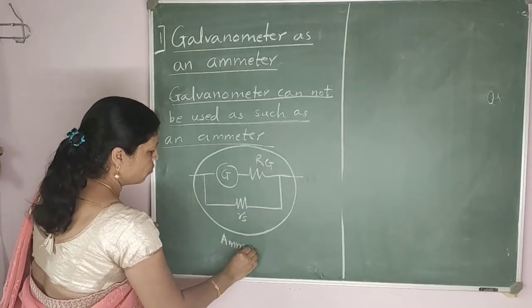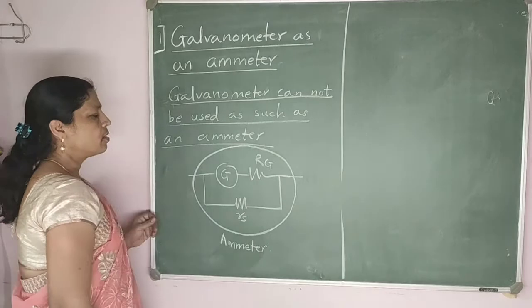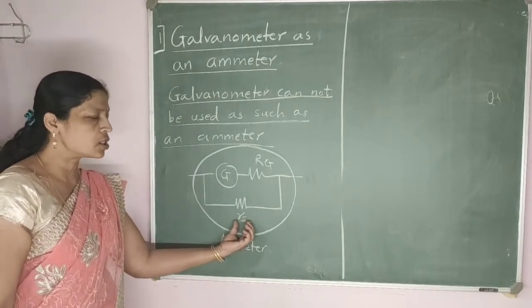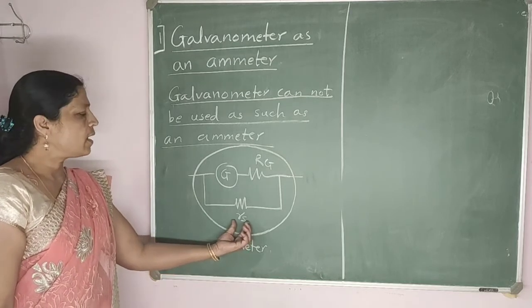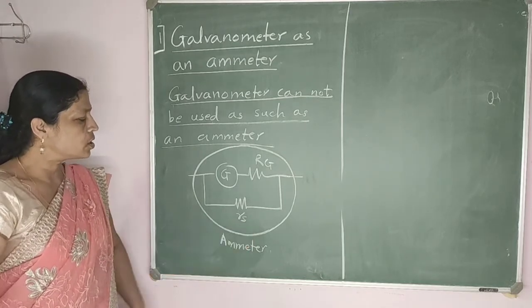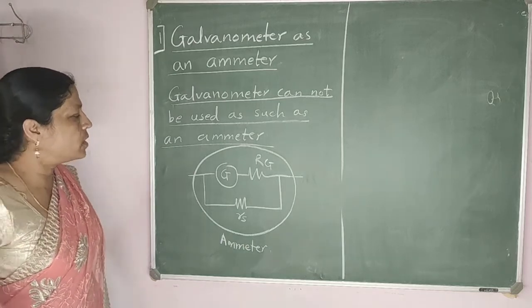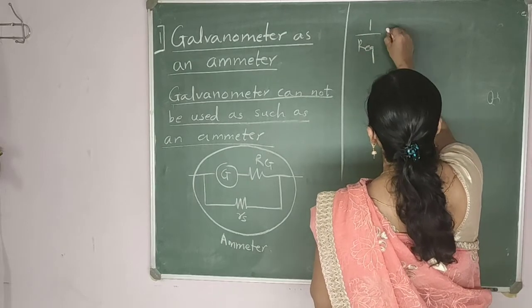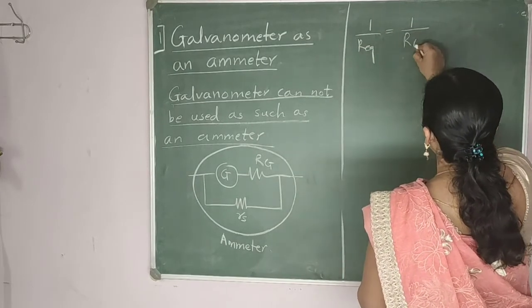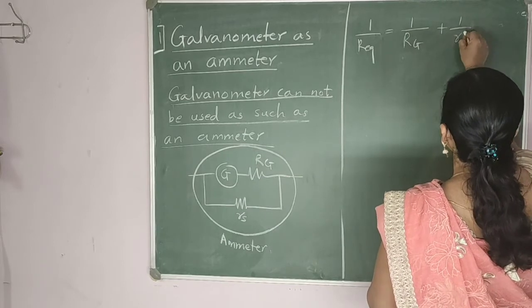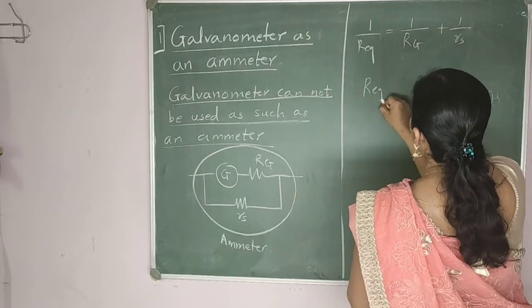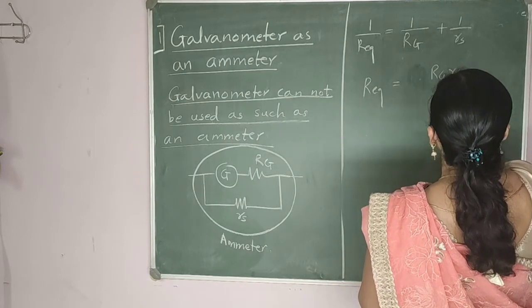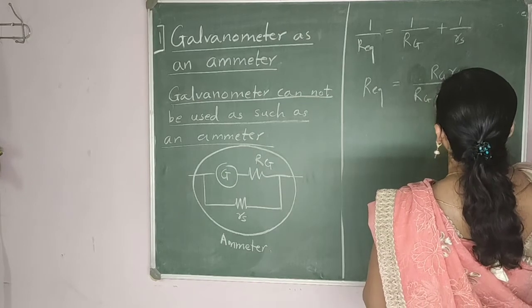Now this is our ammeter. In an ammeter we have a galvanometer resistance in parallel with a small shunt resistance. So what happens when we connect a small shunt resistance in parallel? Here we see the equivalent resistance. For this arrangement, 1 upon R equivalent is 1 upon Rg plus 1 upon Rs. So R equivalent equals Rg Rs upon Rg plus Rs.